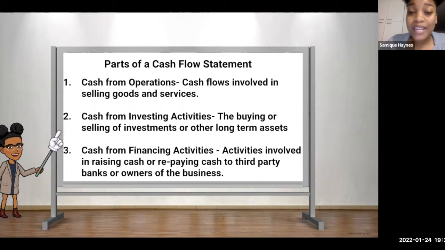Now, the last one is cash from financing activities. And we remember from the first class that whenever you're starting a business, you can raise finances for your business in two ways. The first way is through equity, right? So you can raise funds through equity transactions, and you can also raise funds for your business through another type of transaction.